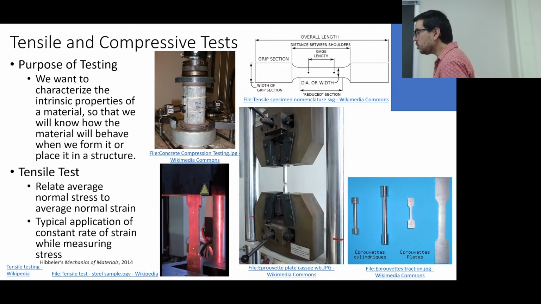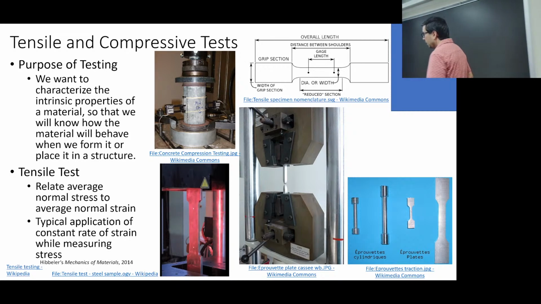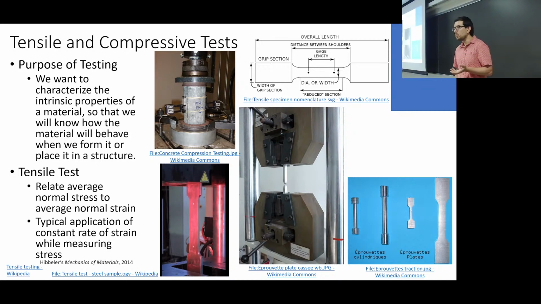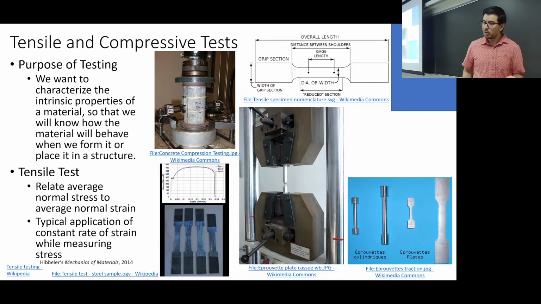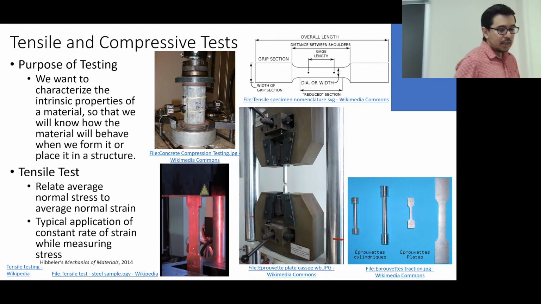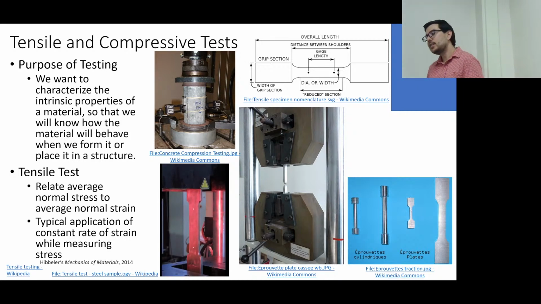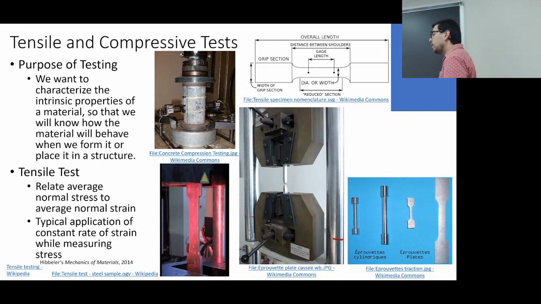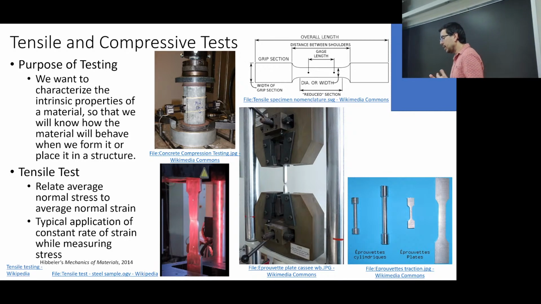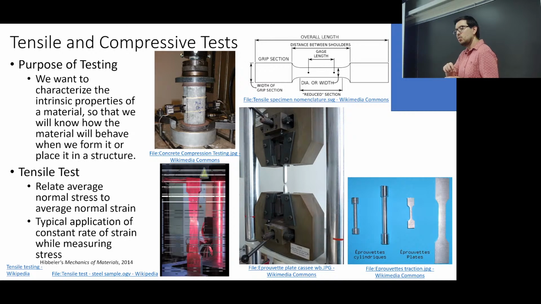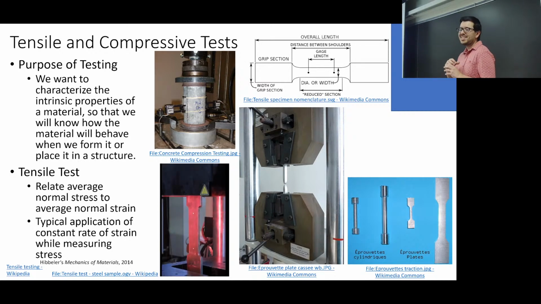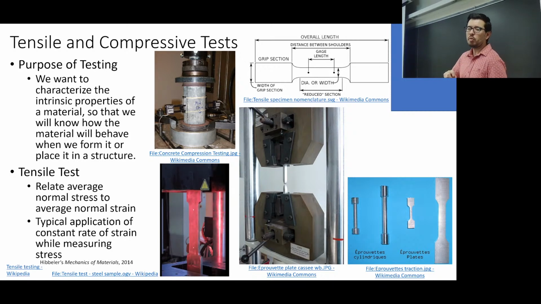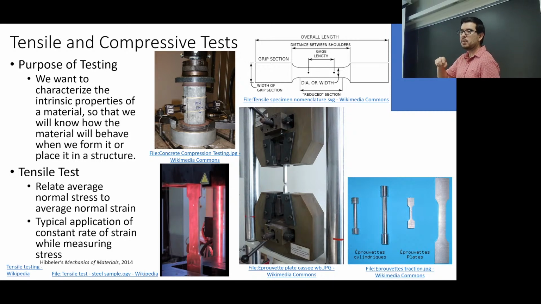So the standard tensile test is going to relate the normal stresses to the normal strains. Normal stresses being the sigmas, normal strains being the epsilons. And typically we are going to apply this through some type of mechanical displacement, and we're going to try to keep the rate at which we apply that displacement constant.